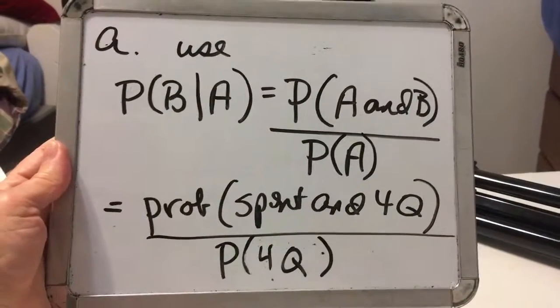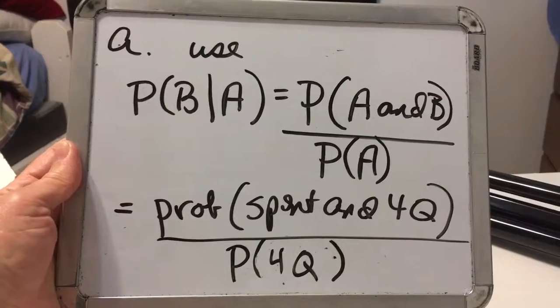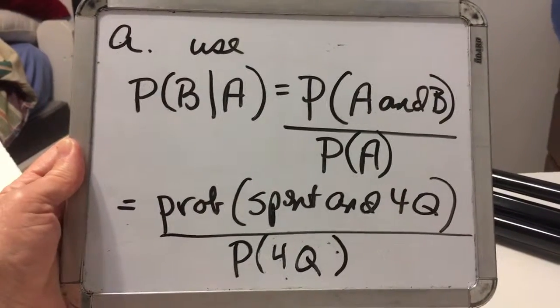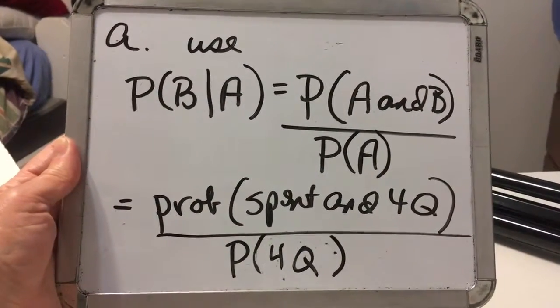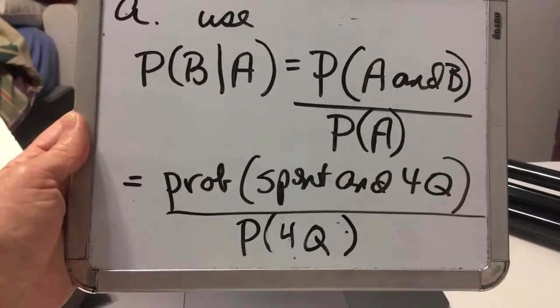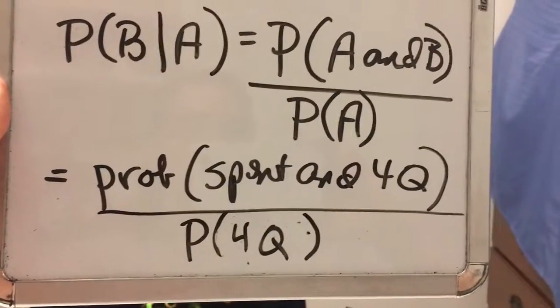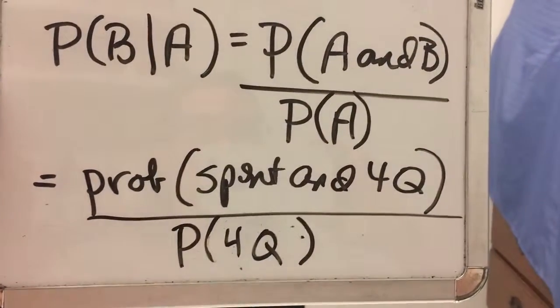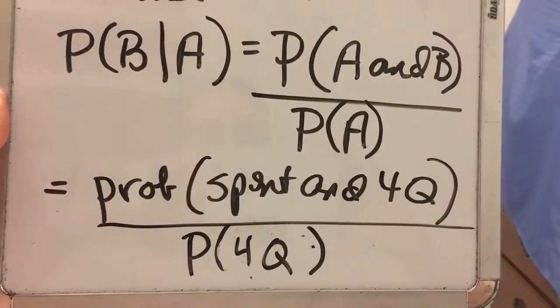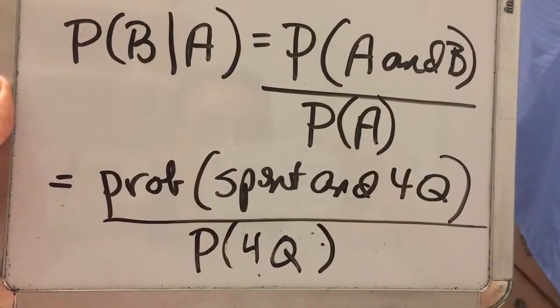So in part A, we're supposed to use the formula: the probability of B given A is equal to the probability that A and B both happen, divided by the probability that A happens. So in A, we're going to find the probability that it was spent and 4 quarters, and divide that by the probability of 4 quarters.